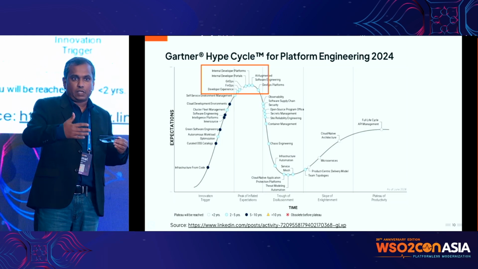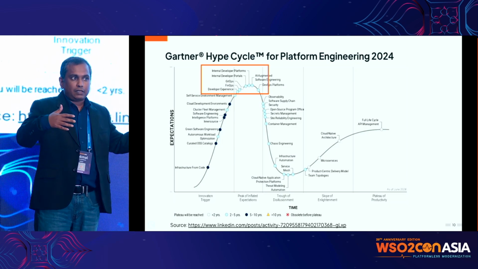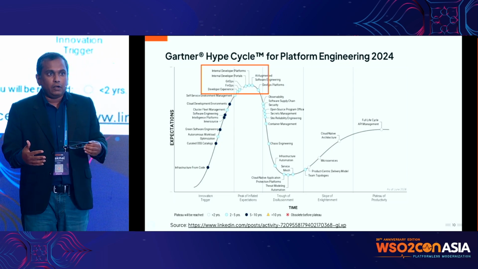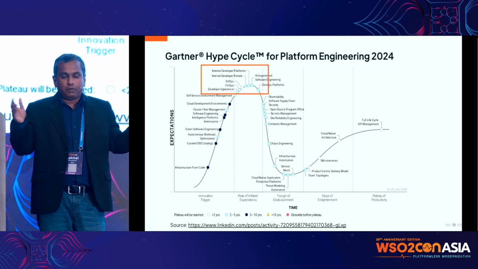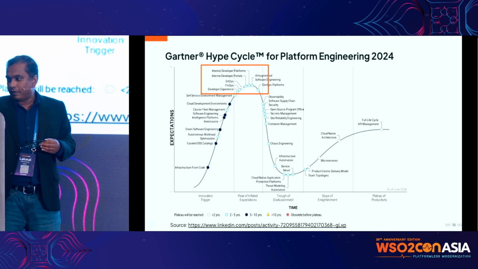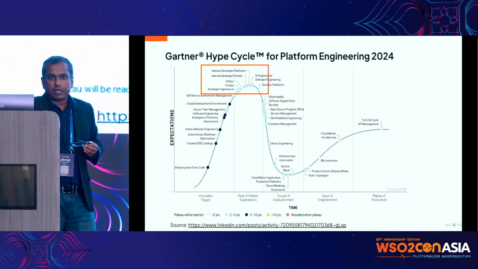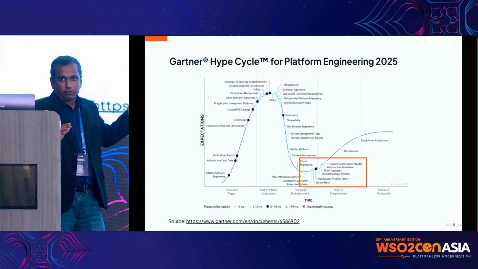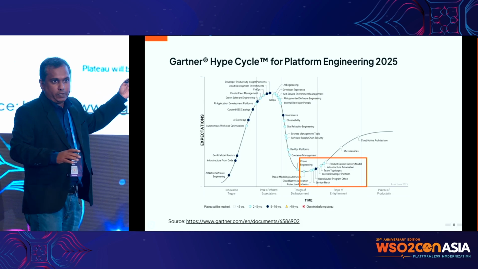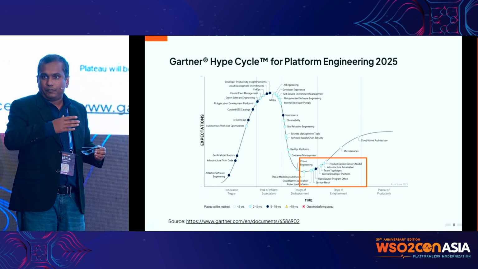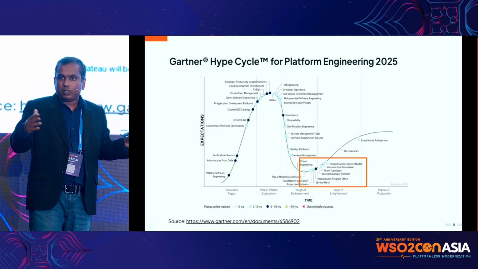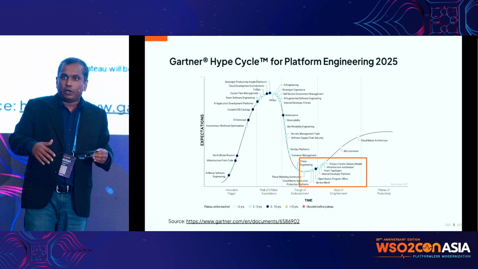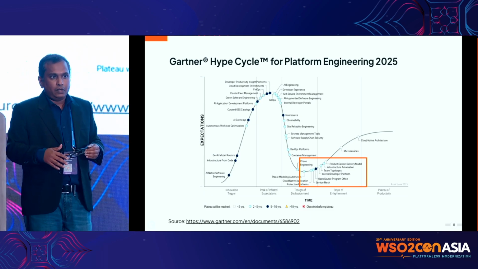That means the concept is now much more mature, and other people are adopting it widely, with global adoption in the industry. So in 2025, you can see platform engineering taking a second hype. That means it's matured at some level, and people are now trying to use it in production.